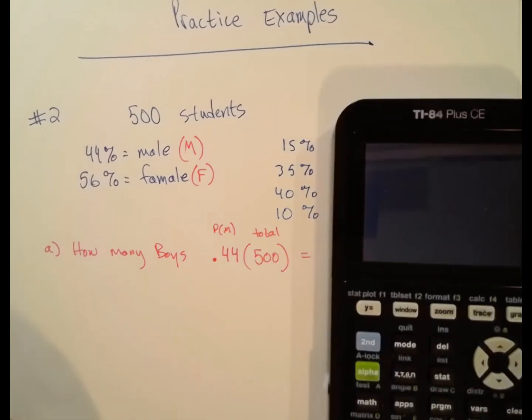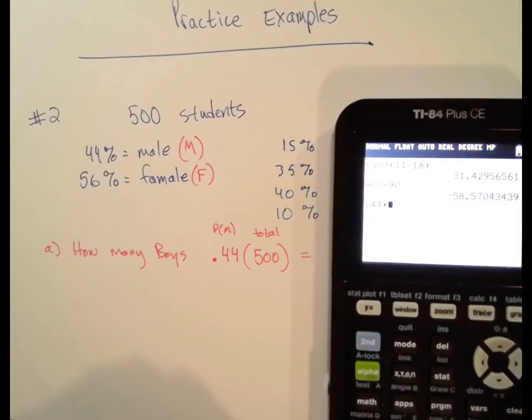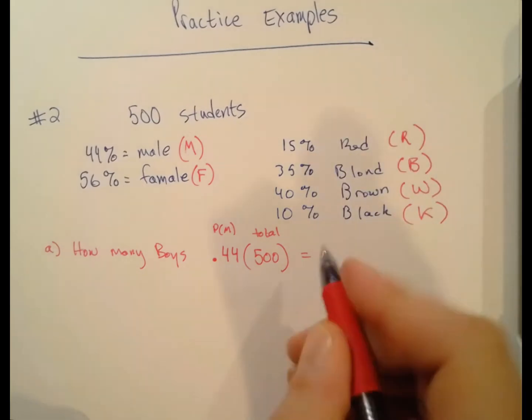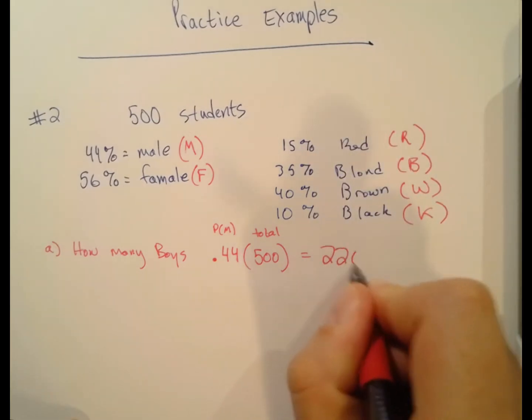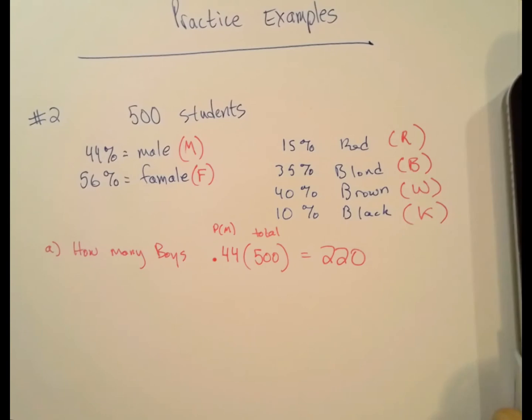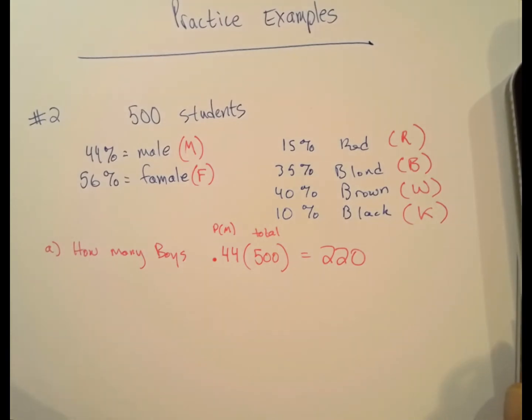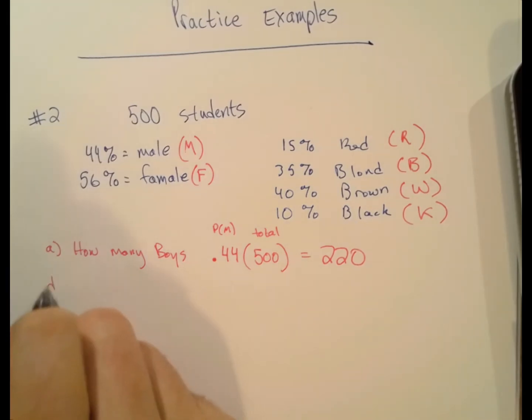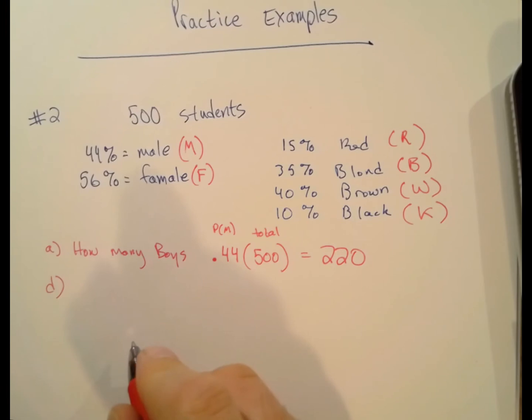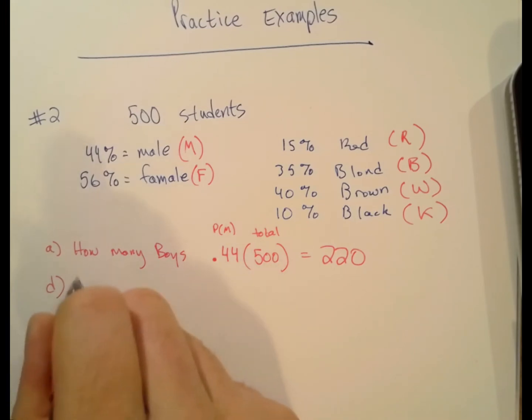And we'll just use our calculator for that, 0.44 times 500, and that's 220. Similar for part B, similar for part C. Part D, let's take a look at that. How many redheaded females?